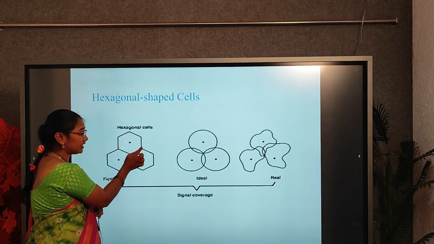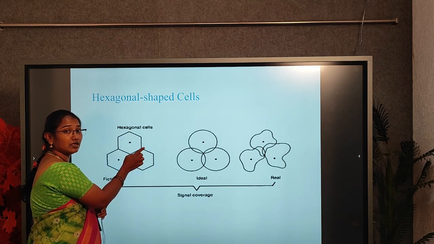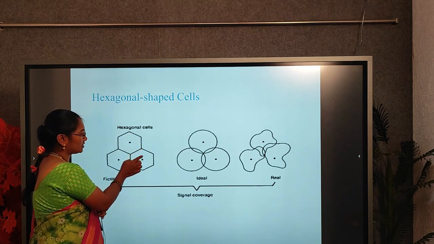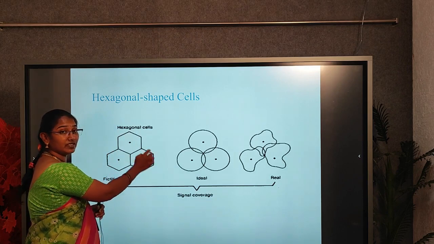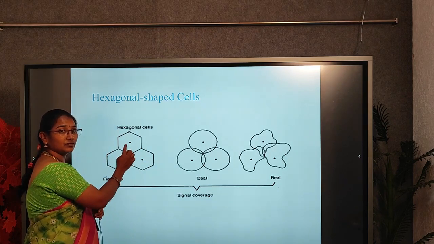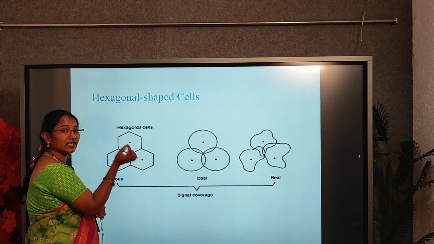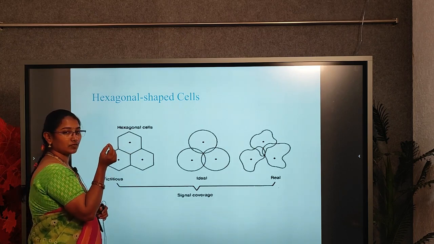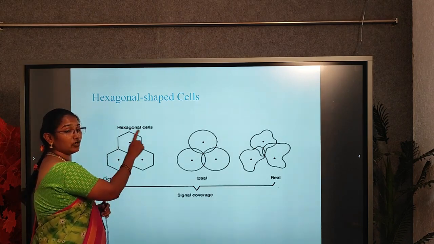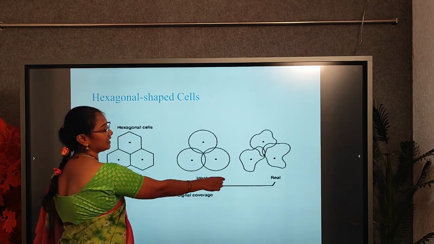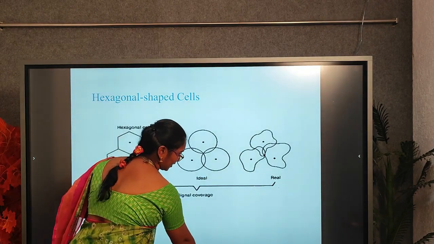So there are no holes. That means no signal-less part is available, okay? So the entire area is covered with signals, okay? So the handoff procedure takes very little time, okay? So that is the advantage of hexagonal shapes, but the real case is like this, okay?